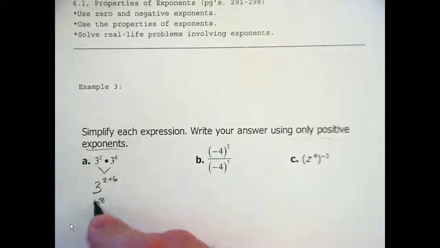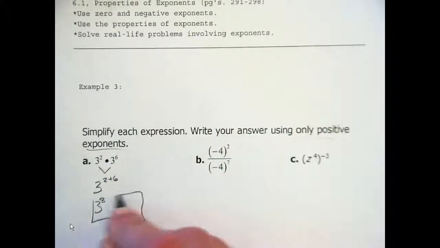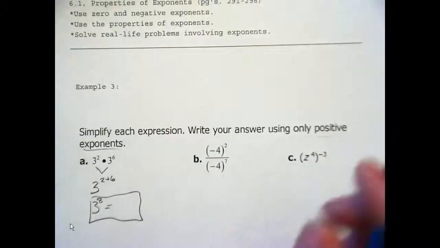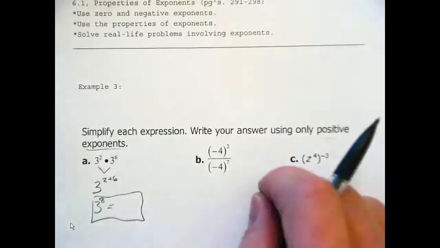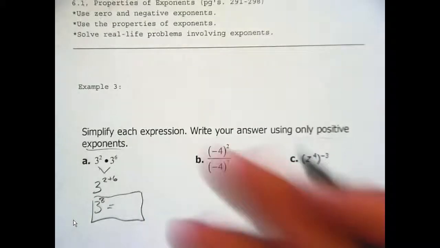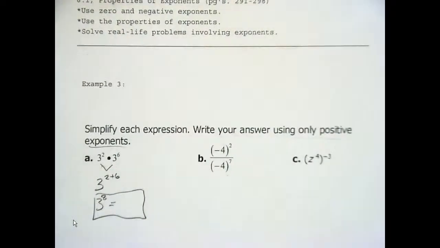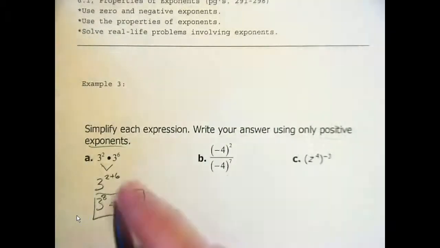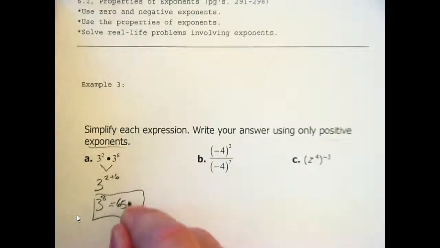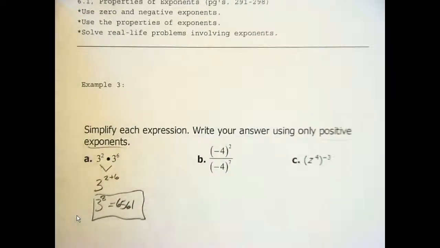So I'm going to have it like this, but I also want you to write out what 3 to the 8th is. So what is 3 to the 8th? 3 times 3. Yep, so what's the numeric value of that? 6,561? Yeah? All right. Very good.